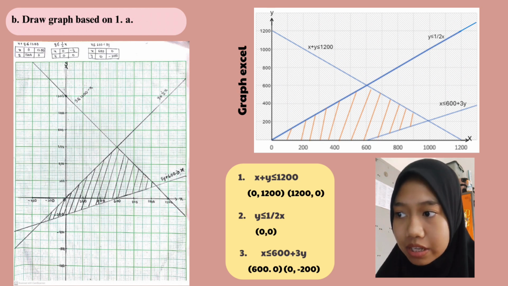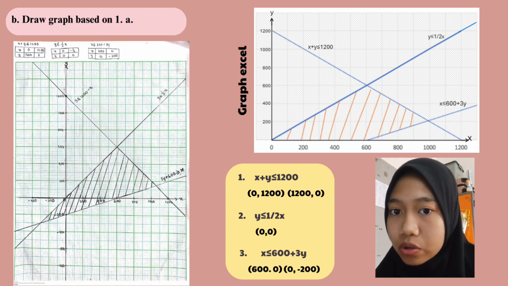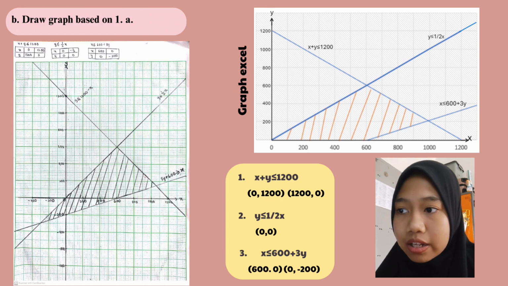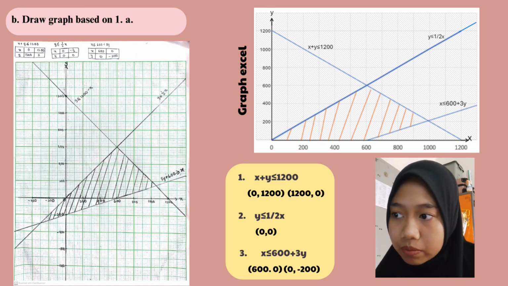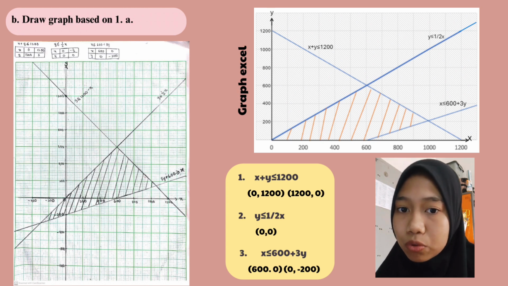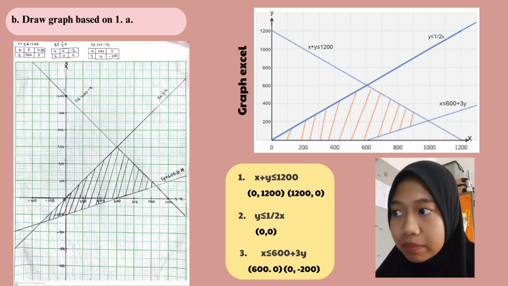For equation number 3, X greater than or equal to 600 plus 3Y, when X is equal to 600, then Y is equal to 0. And substituting X equal to 0, then Y is negative 200. Okay, so after we get all the plotting points, we plot the points on the graph paper.